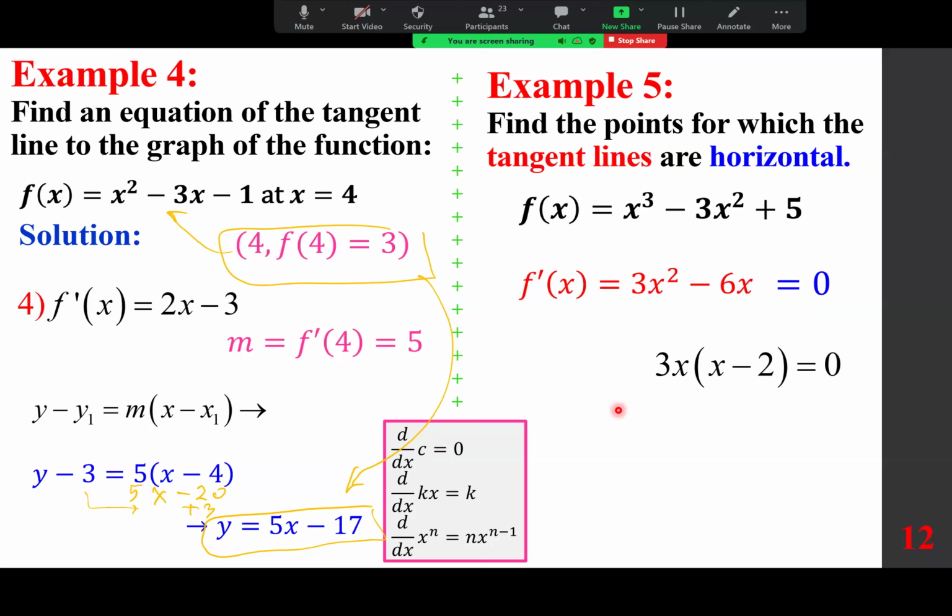This is 0, x is 0, this is 0, x equals 2. Make sure you realize that means two different points. So that's why I like to put it in pairs. If I plug in 0 here, I get 5, so 0, 5. If I plug in here 2 cubed minus 3 times 2 squared plus 5 is 1. So the second point is 2, 1. So it's good practice to put them in pairs.